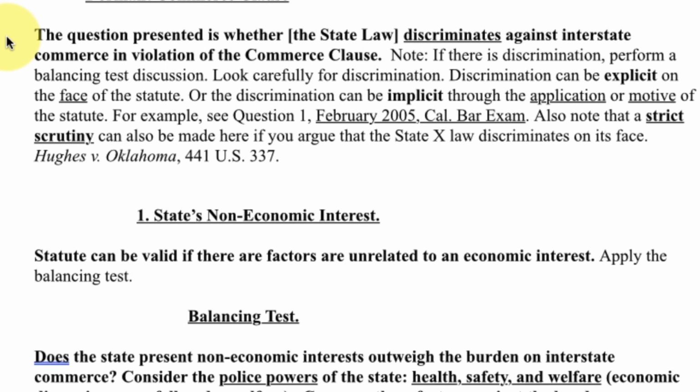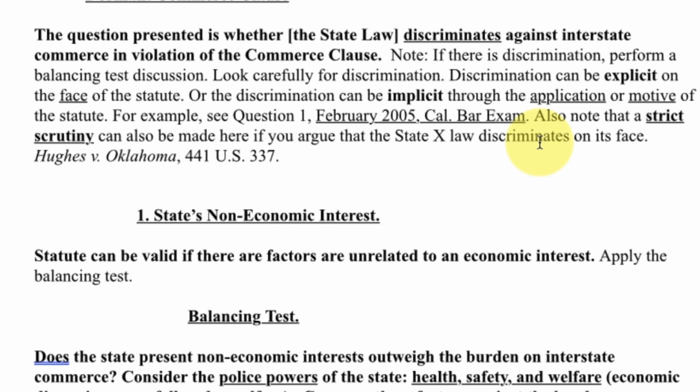Now, if it discriminates, it might not be very clear, but it's entirely possible. The way you determine that is if the law favors the state or any factories or any people within that state. Now, there was a Commerce Clause and Dormant Commerce Clause discussion back in February 2005, and in that case, the discrimination was not explicit, whereas in the fact pattern in this case, it is explicit.